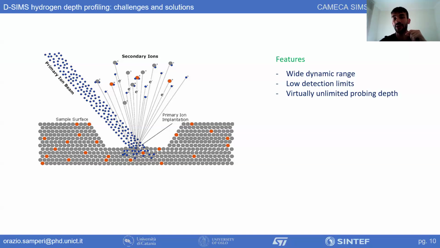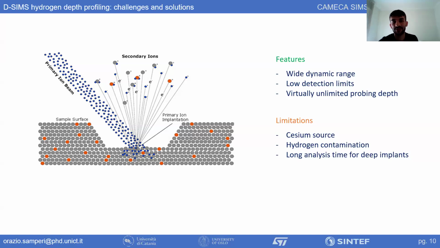You can play a lot with the detection limit by adjusting the parameters, like the sputtering parameters and so on. And you have virtually unlimited probing depth. Why I say virtually, we will see.